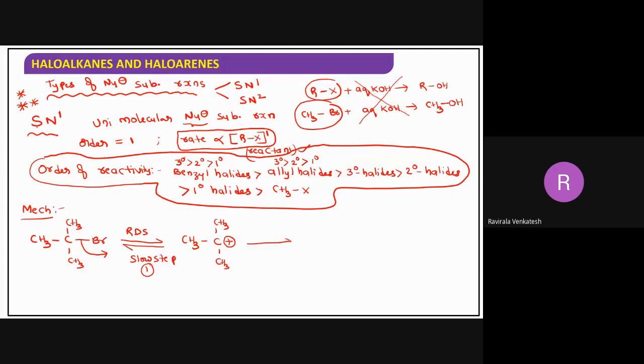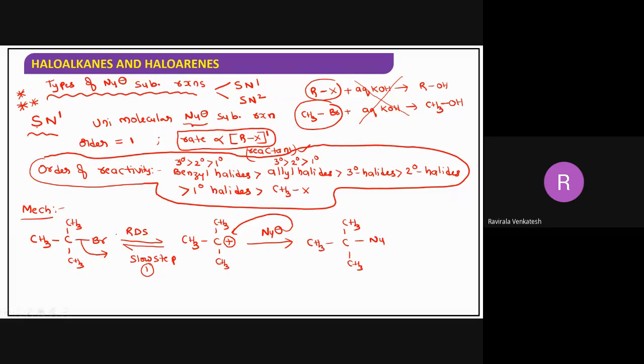Now, step number 2: what happens here? The nucleophile attacks the carbocation. Now we are going to get the product, CH3, CH3, CH3 with the nucleophile. This is the step. Now, in the slow step, how many molecules are present?